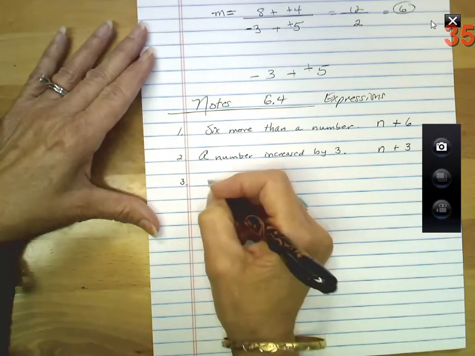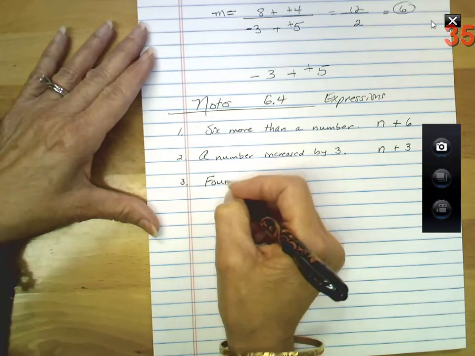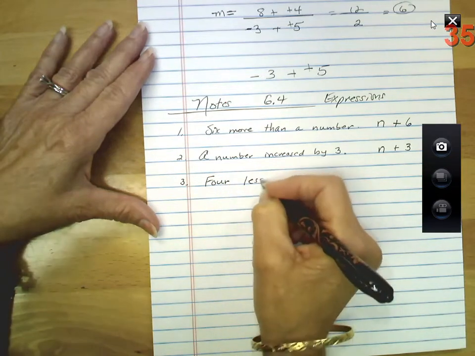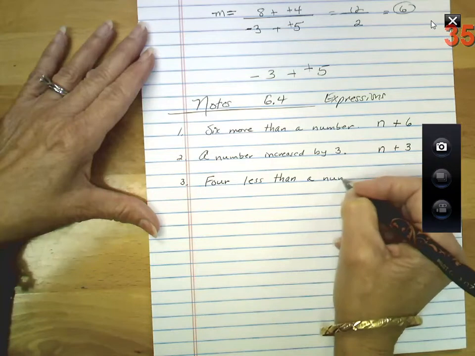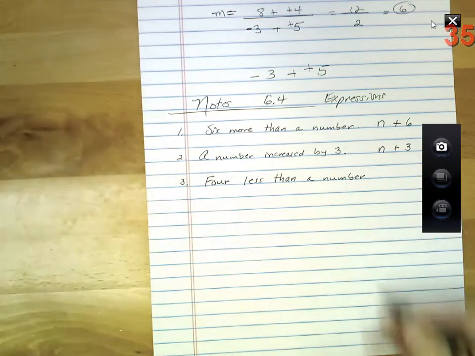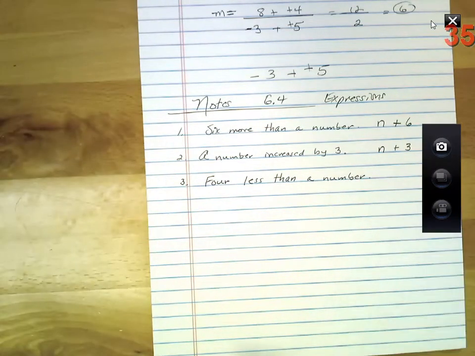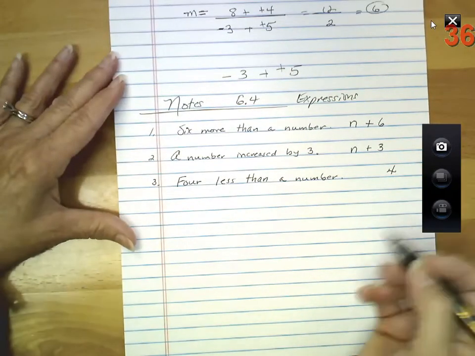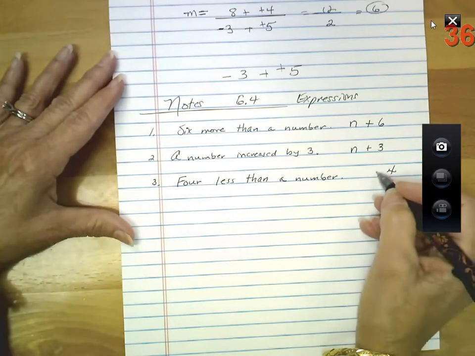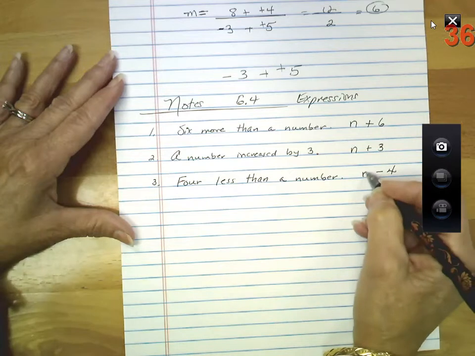Next one, 4 less than a number. Okay, so I've got 4. It's going to be less than something. It's going to be less than the number.